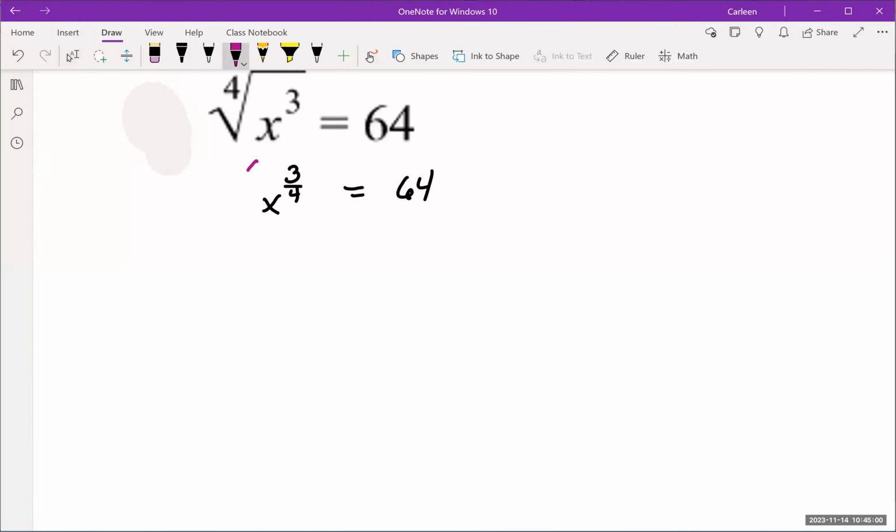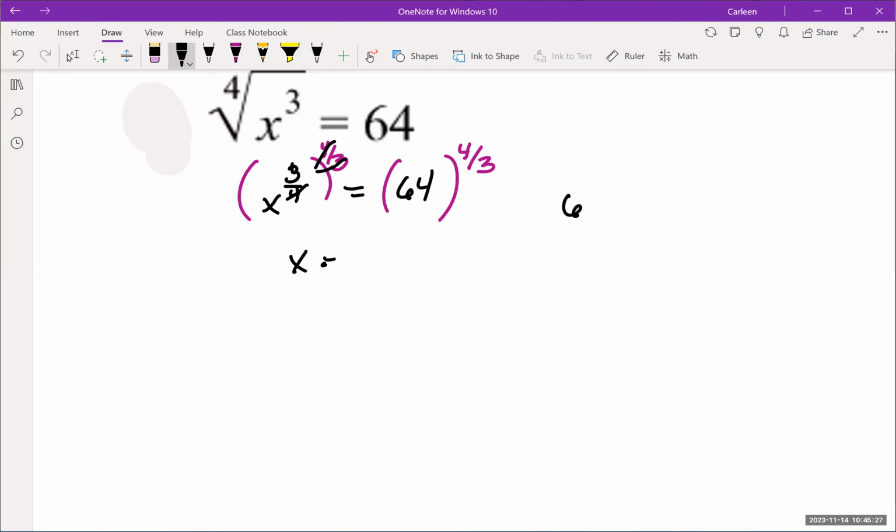Okay. We're going to raise everything. Now, how am I going to cancel a 3 on the top and a 4 on the bottom? Okay, the reciprocal. So I'm going to raise it to the power of 4 on top, 3 on the bottom. Okay, cancel.